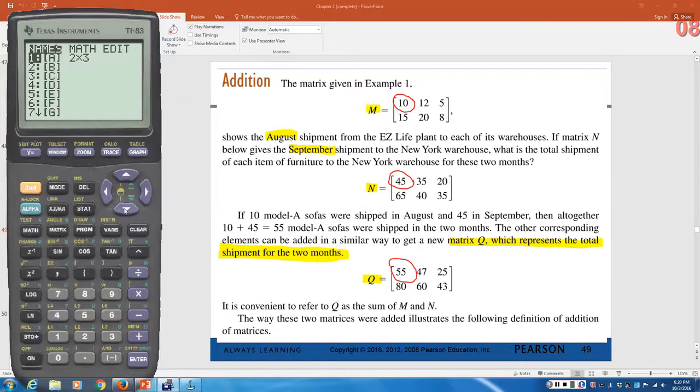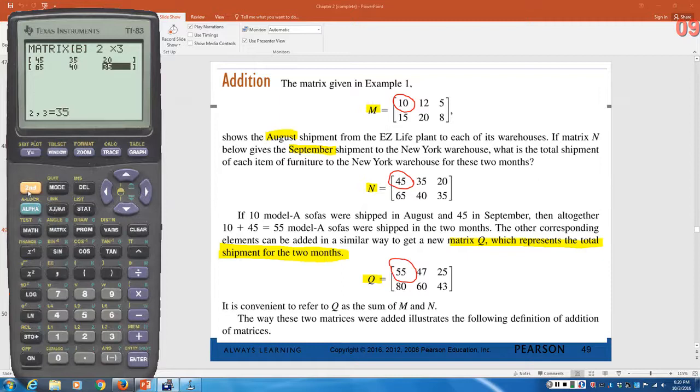Go back to matrix, choose matrix B, and edit it. And it's also 2 rows and 3 columns, and its entries are 45, 35, 20, 65, 40, and 35.